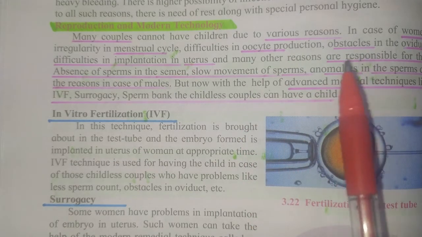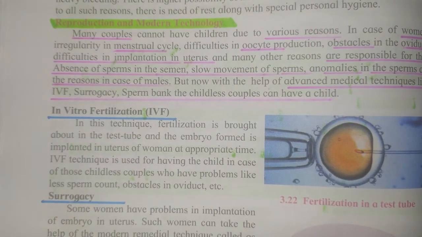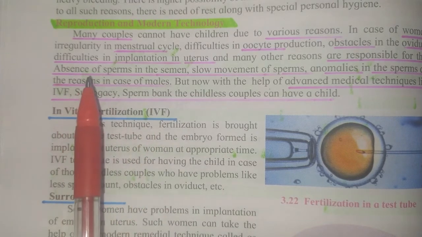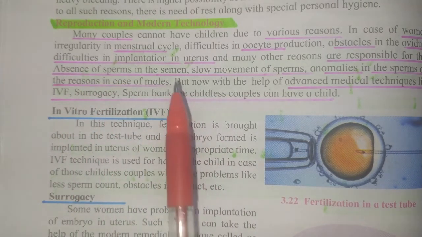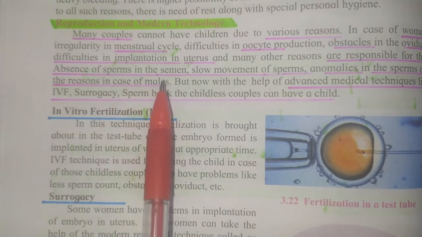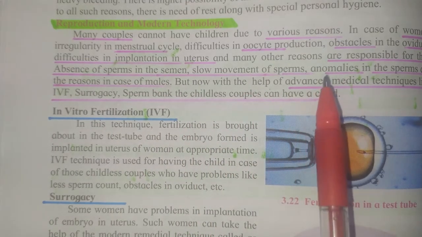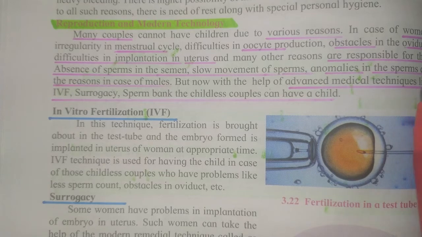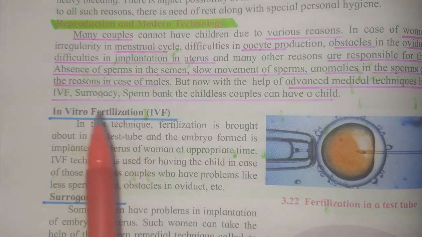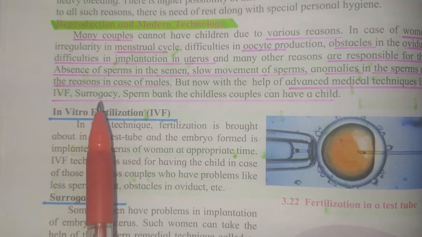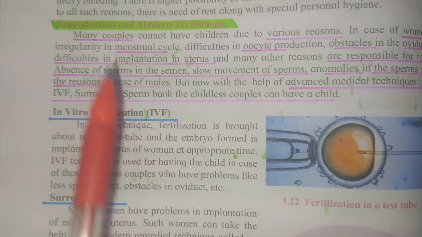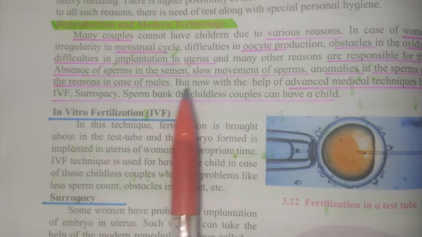Whereas in case of male, absence of sperms in semen, slow movement of sperms, anomalies in the sperms are the reasons responsible for not having children.